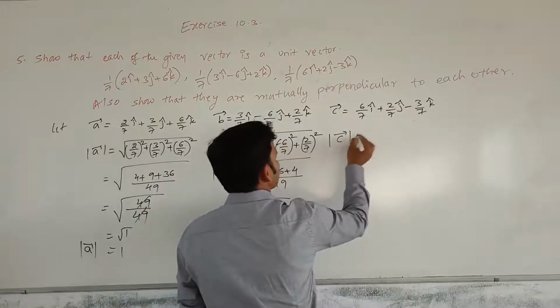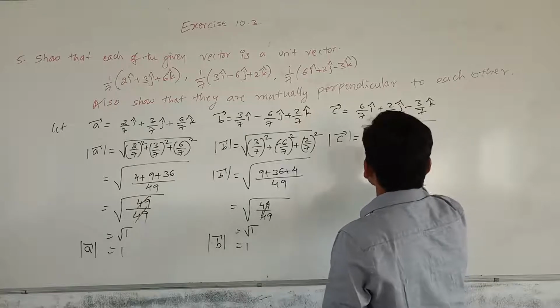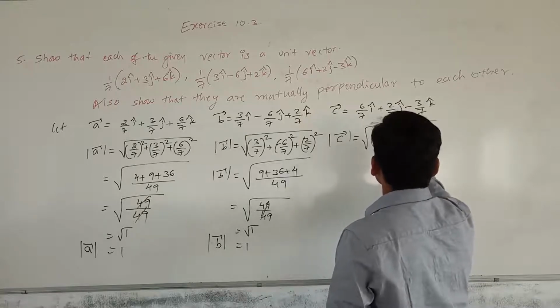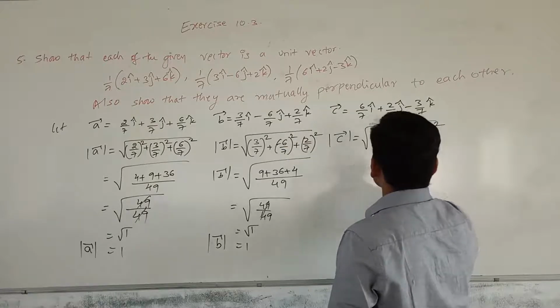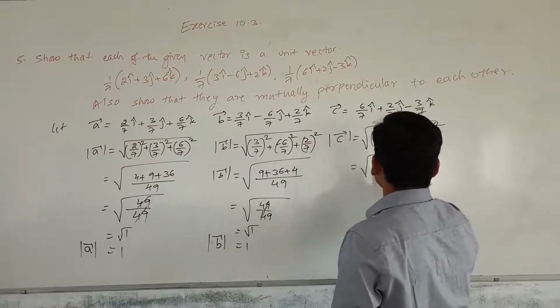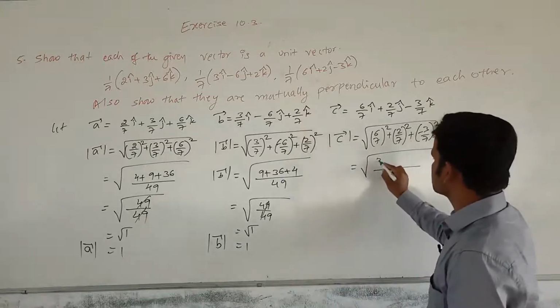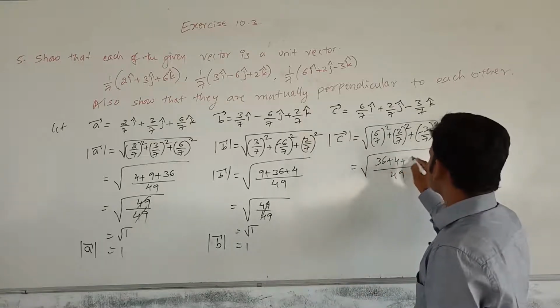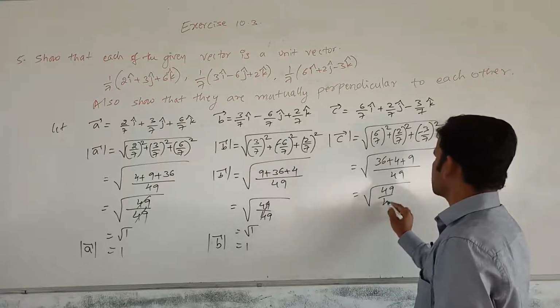Next, magnitude of vector C is equal to square root of (6 by 7) square plus (2 by 7) square plus (minus 3 by 7) square. This is square root of, again 49 will be the LCM. Here is 36 plus 4 plus 9. We have square root of 49 by 49.